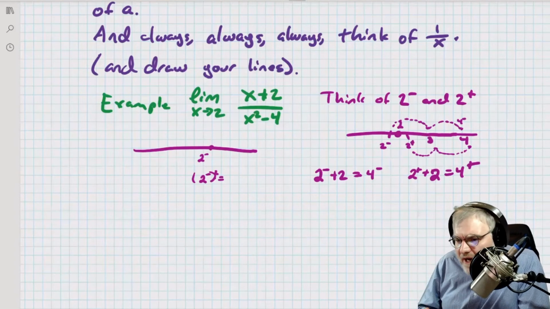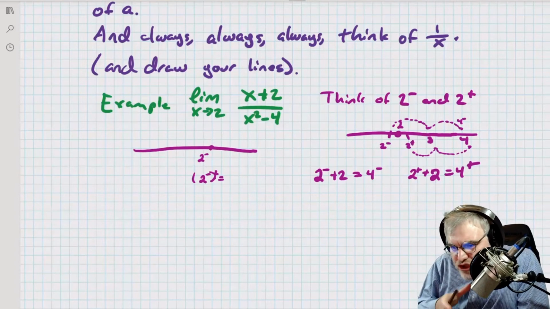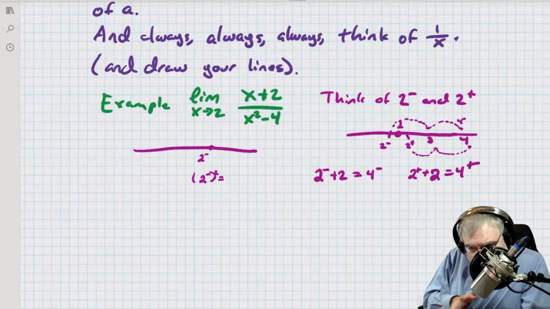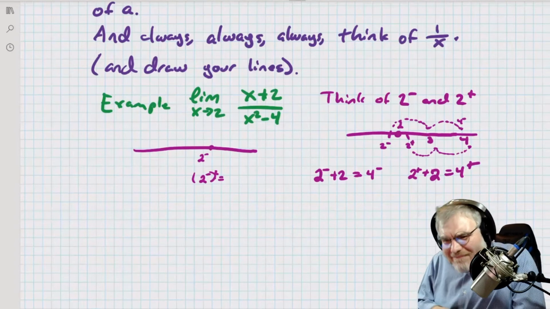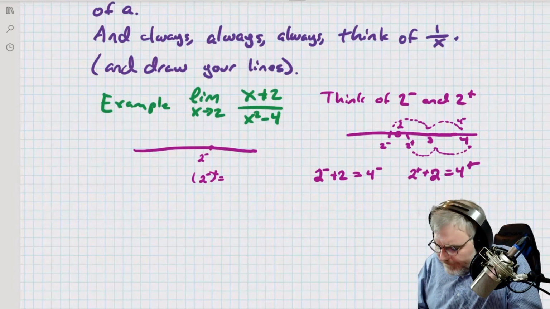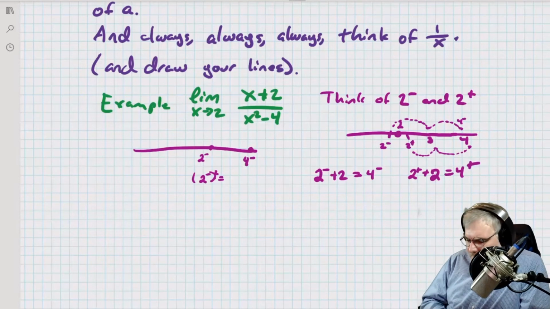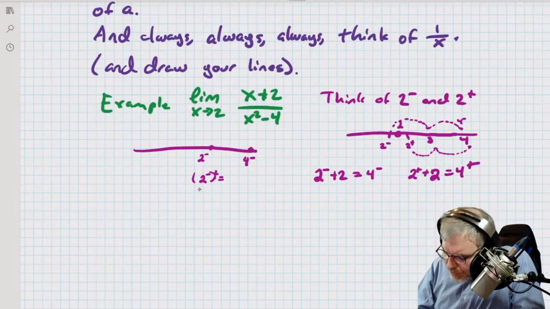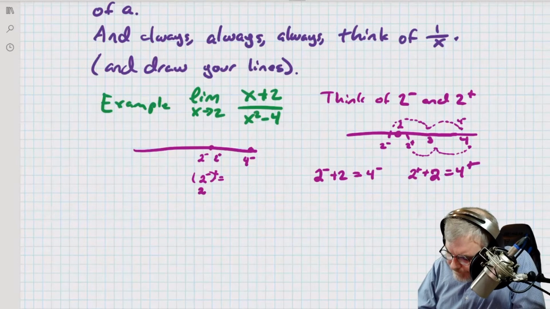And now I square, and I'm now to the left of 4. I'm a little bit farther away from 4, but for all intents and purposes, just to the left of 4. Now, 2 right squared is going to be 4 right.